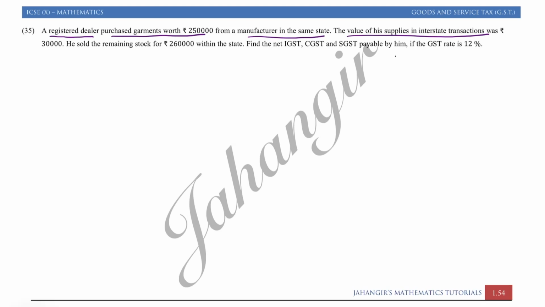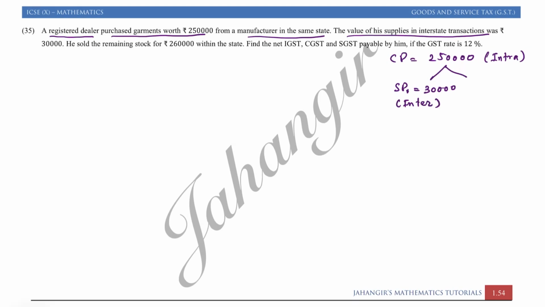See, the dealer had bought it for rupees 2,50,000 within the same state, intrastate. Out of that 2,50,000 stock, he sold the first stock of 30,000 in an interstate transaction. Interstate means out of state.